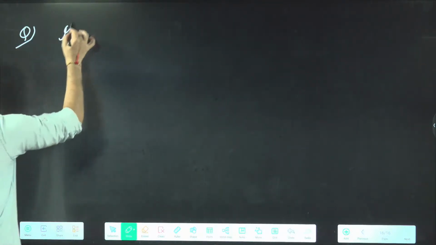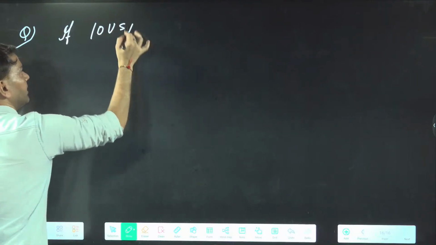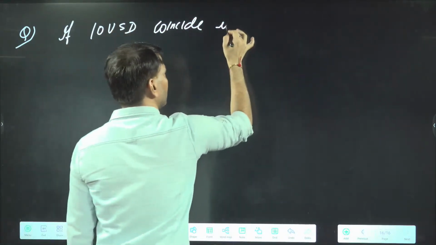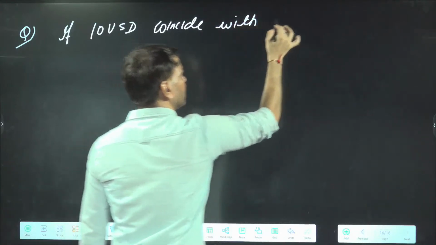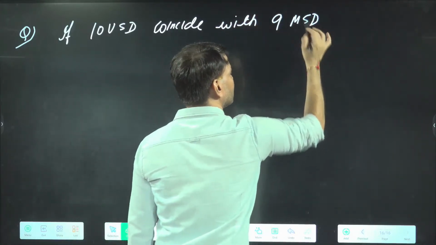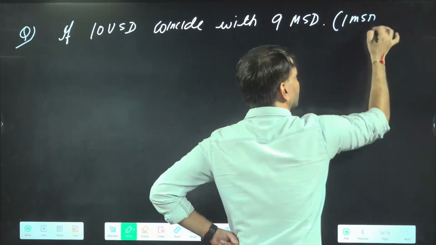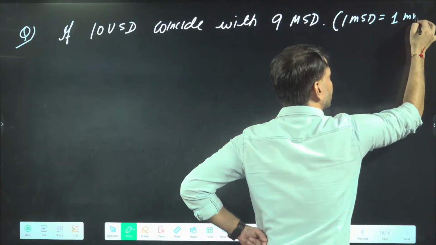So one problem we'll do on this. If 10 Vernier scale divisions coincide with 9 main scale divisions, and 1 MSD is equal to 1 millimeter.